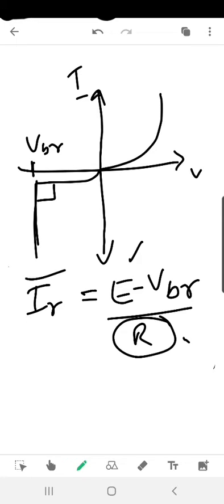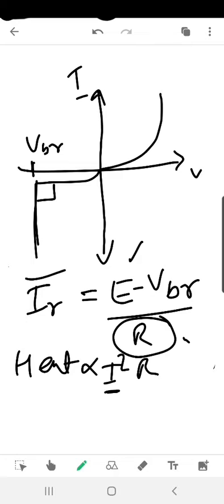If this reverse current is not limited, the junction will get damaged. Due to the reverse current, the junction will overheat, because we know that heat is proportional to I squared R, where I is the current.